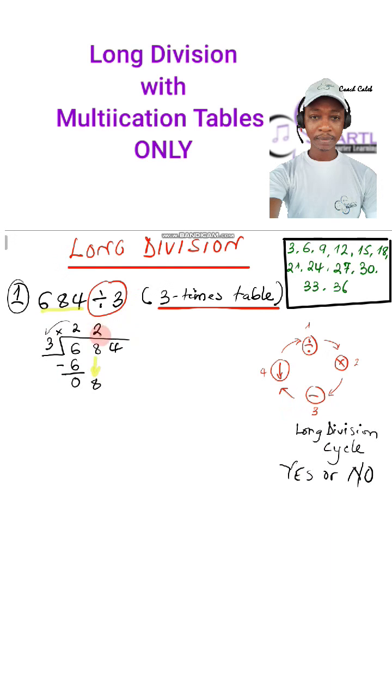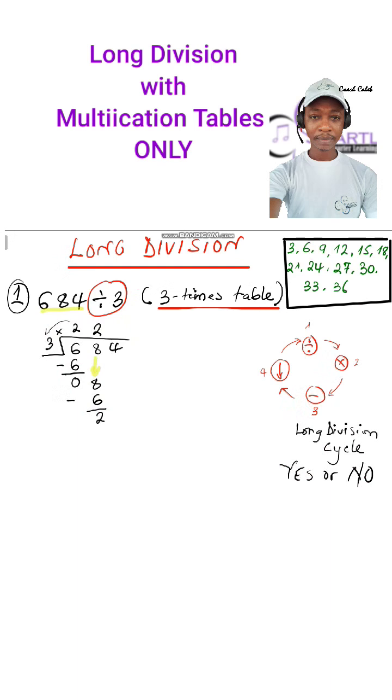And then we repeat the second step. Immediately the same answer. 3 times 2 is 6. Third step, subtraction. Now 8 take away 6 is 2.